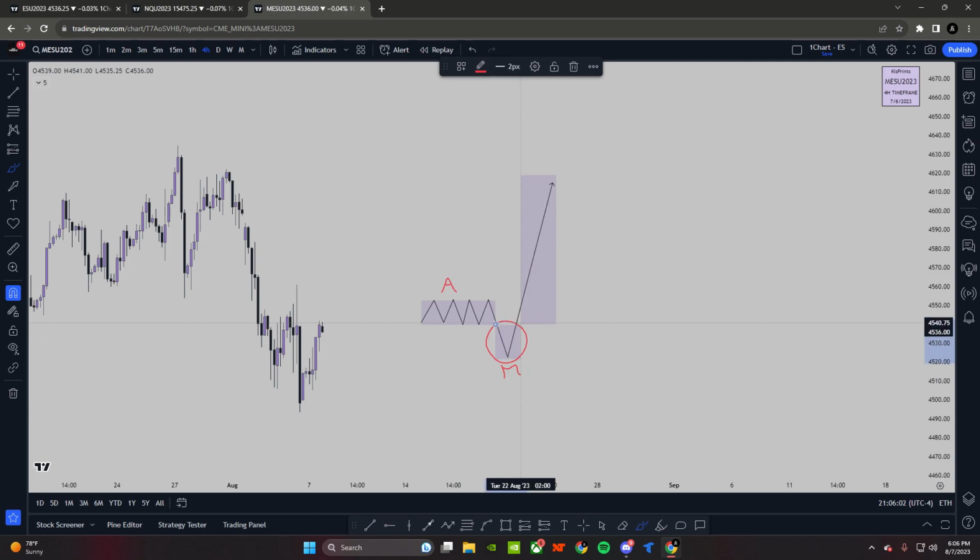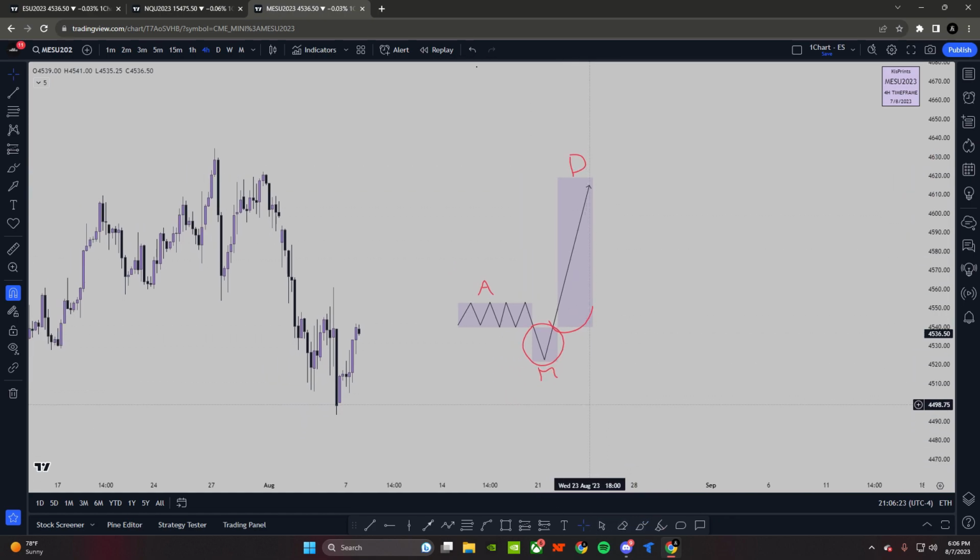So your entry can be during the manipulation, which is what ICT says in the power of 3. If you want the best prices, you want to be buying below or when it's manipulating, and you're obviously going to want to catch the distribution portion, which is going to be this. So for short, we're just going to call this AMD, accumulation, manipulation, distribution. So we don't got to be saying those fancy words.